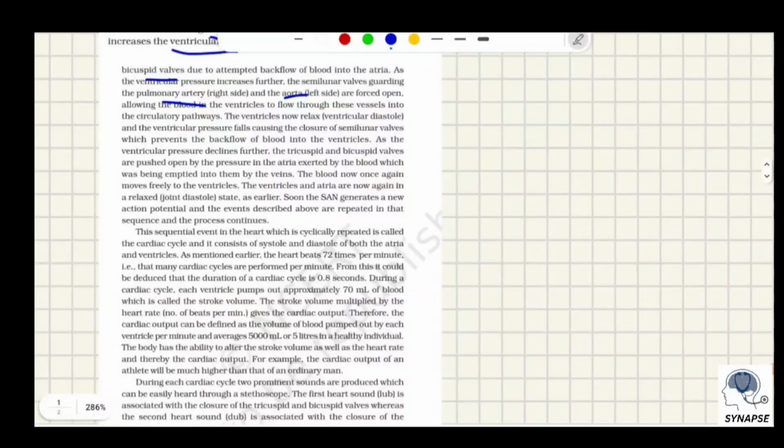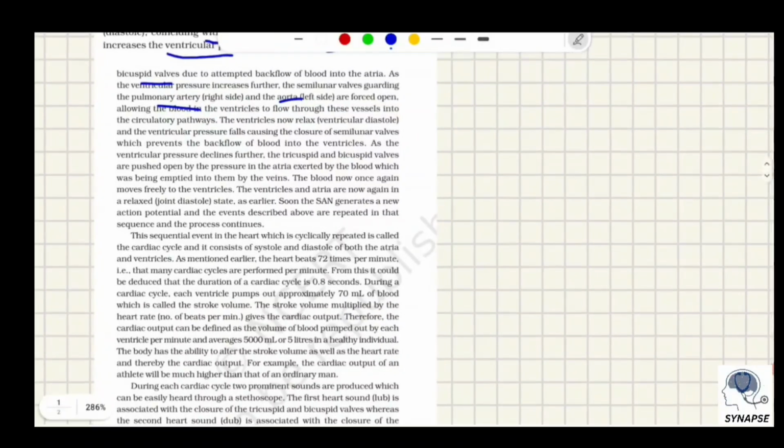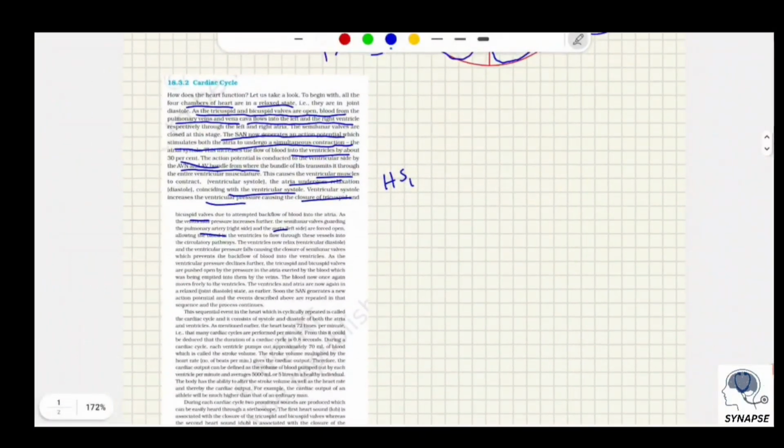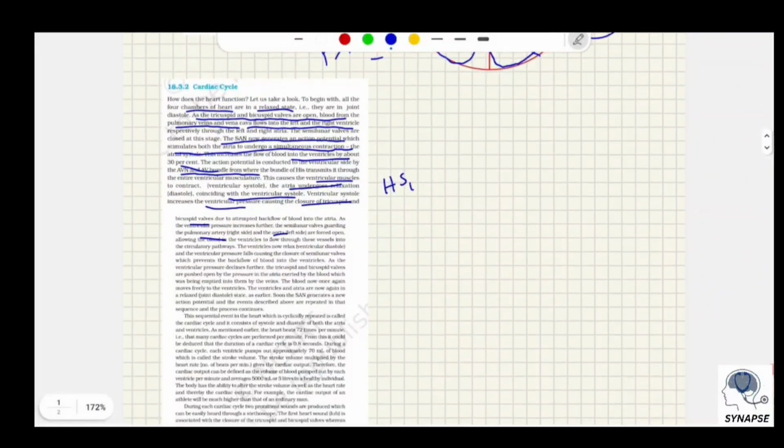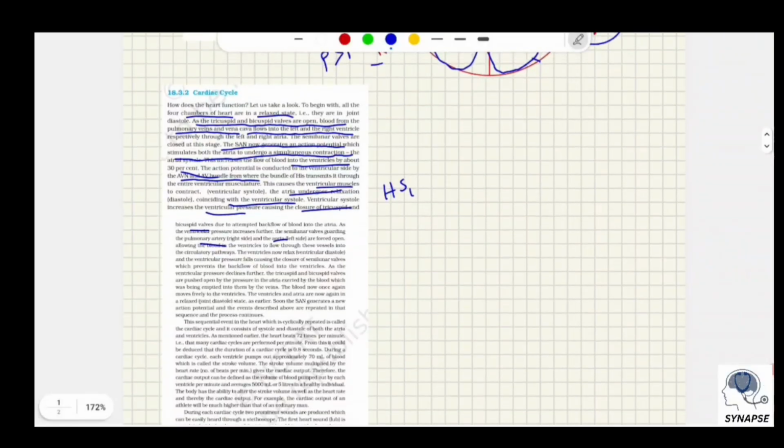Now the ventricles relax because the contraction is done. This impulse is gone, and the ventricular pressure decreases.